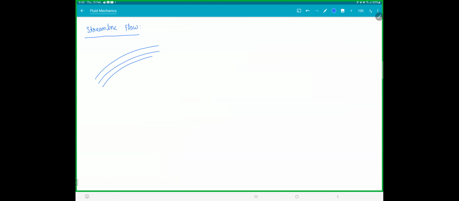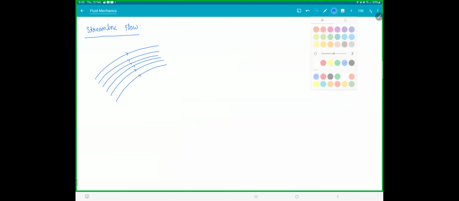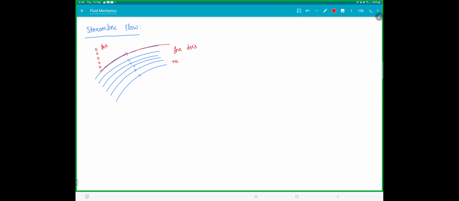Suppose the liquid is flowing in a streamline, and let's say you drop some ink here. You know what you will notice? Only this streamline will become red colored. The ink won't spread. Why? Think about it. What is the definition of streamline? The path of the particles. So whatever ink you drop on the streamline will just keep following the same path.